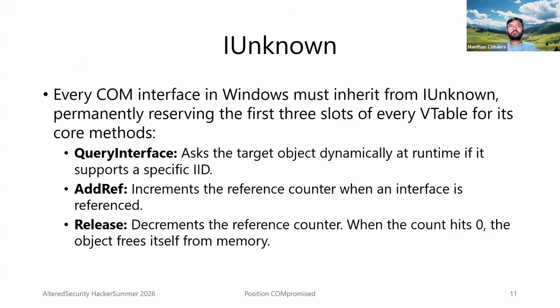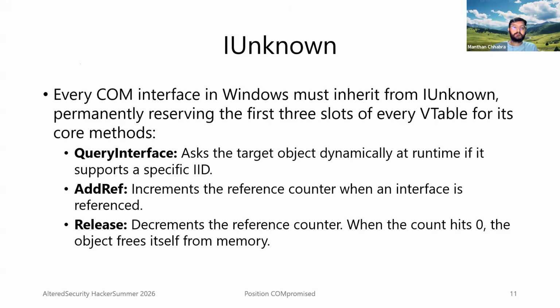Because of this, whatever vtable your interface might have, its first three slots are taken. When I say slot, a slot is a slot for a function in your vtable, where the addresses are stored for your function. So due to the presence of the IUnknown interface, the first three slots are taken up for the core functionality that IUnknown brings to the table, right?